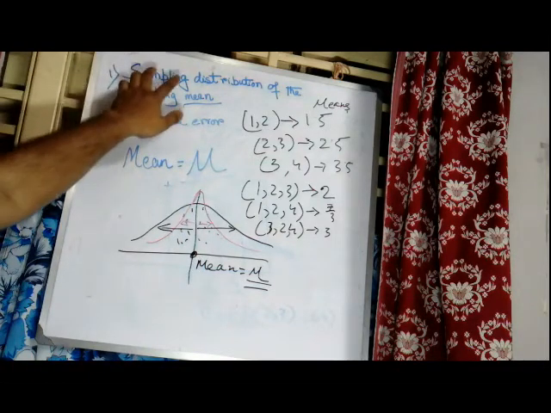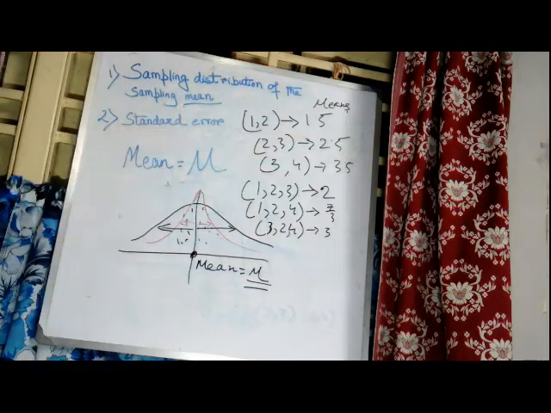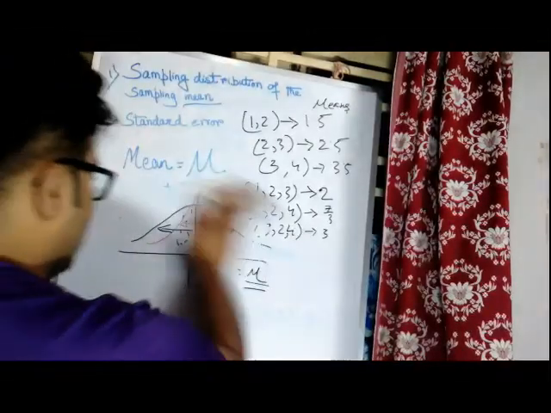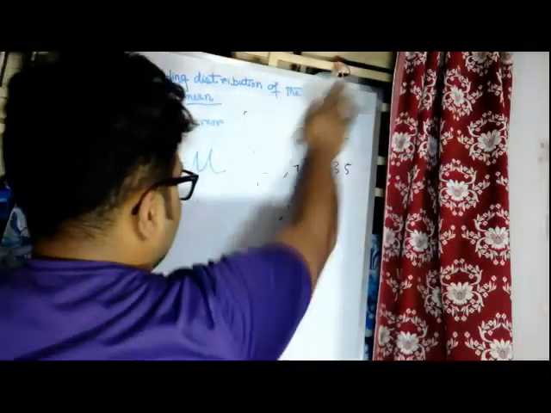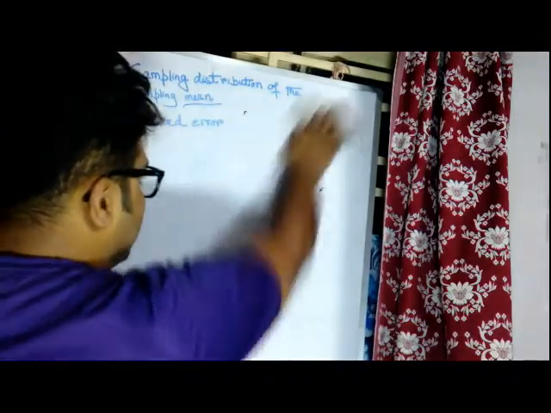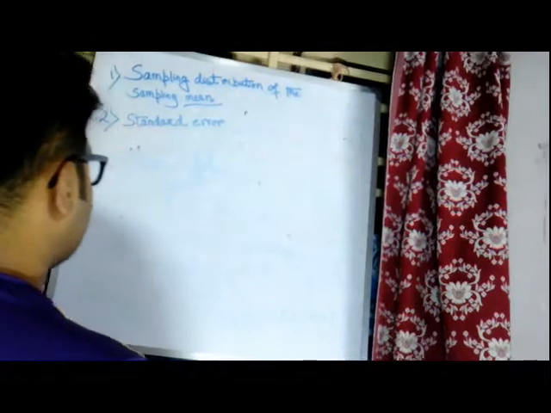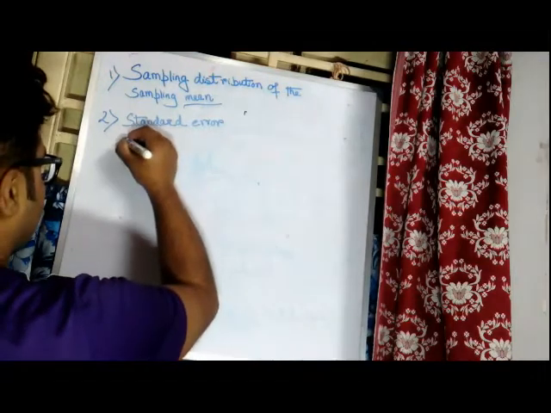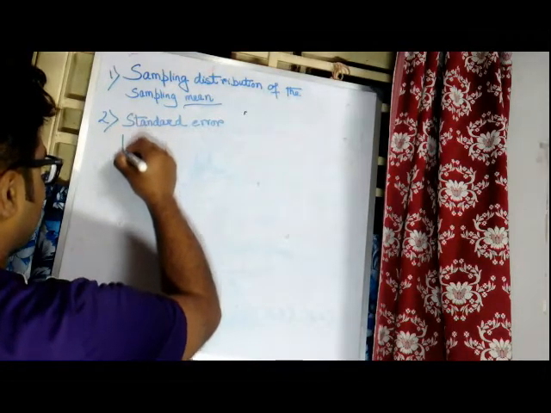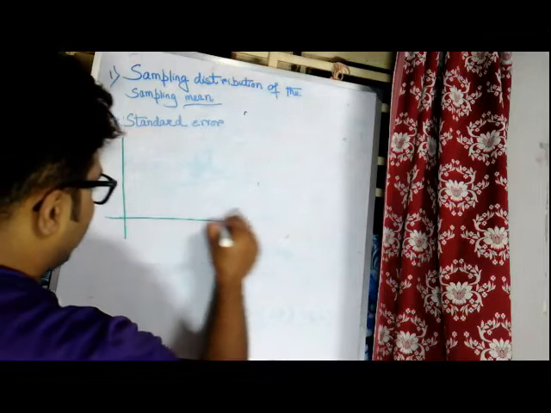Now the sampling distribution, if we increase the sample size again, suppose we take another sample, for example I draw a graph like this.